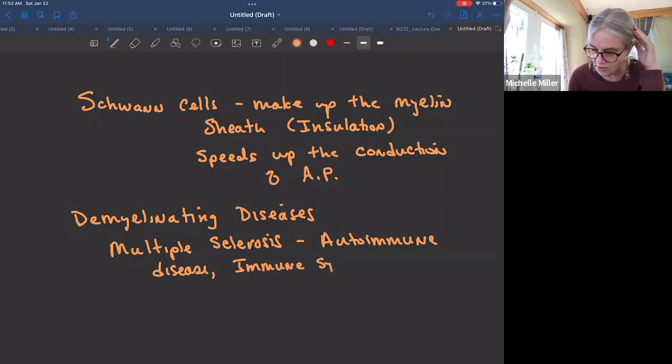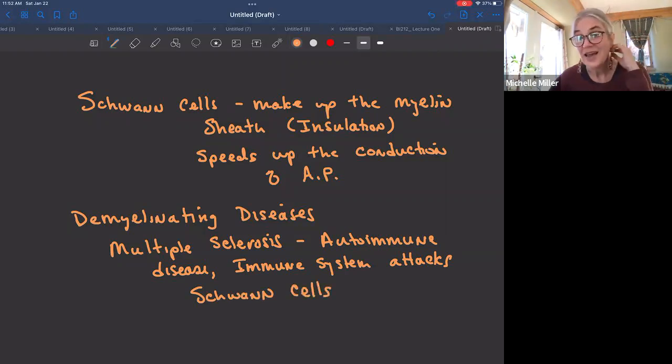There is no cure for this, but there are treatments that slow down the demyelination. But eventually, people might lose the ability to walk, might have to be in a wheelchair, and you can eventually die from multiple sclerosis, or MS as it's referred to.